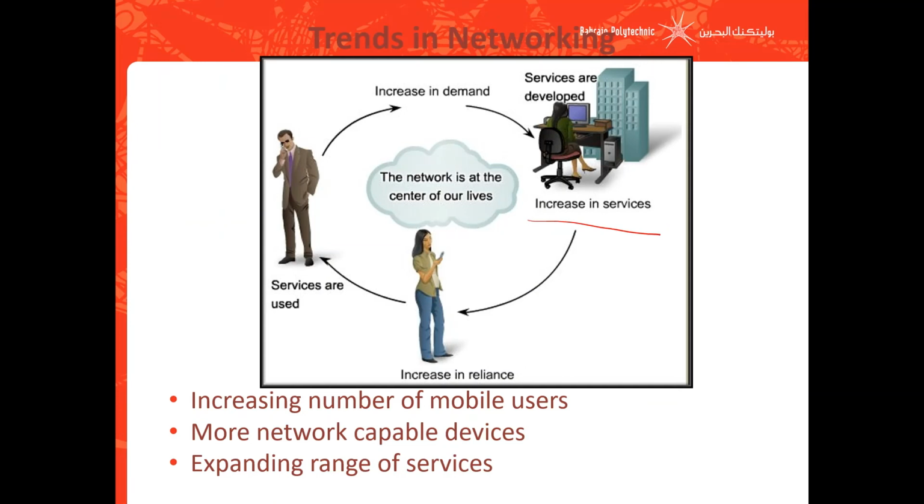I'll give you an example. Because there was an increase in the number of mobile users, Netflix became a big thing. People don't watch TV now, I think. People watch Netflix. Other platforms are available as well, but a lot of people use Netflix, right? Why? Because there's an increase in mobile users, and because of that, a lot of people are starting to rely on such platforms.